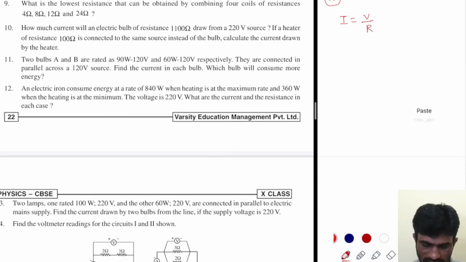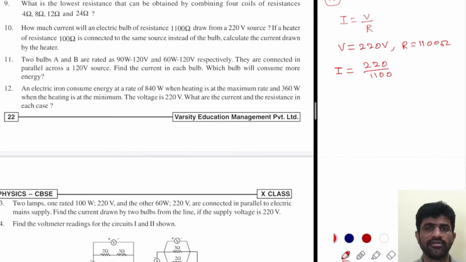So in the first case, V is equal to 220 volts and R is equal to 1100 ohms. And what is I? I is equal to 220 by 1100.